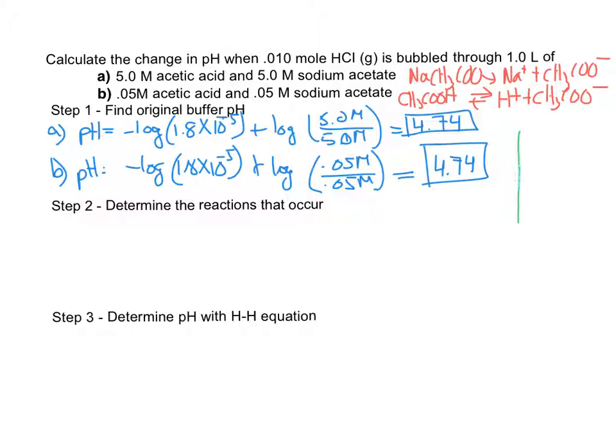So my beaker here, I have my acetic acid, CH3COOH. I have my sodium acetate, NaCH3COO. And I'm going to add some HCl, so that's really H pluses, so I'm putting in some H pluses. What's going to react?